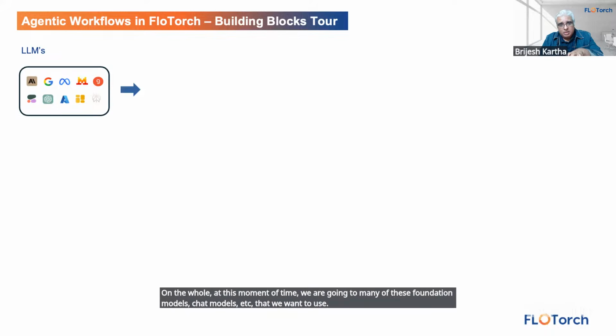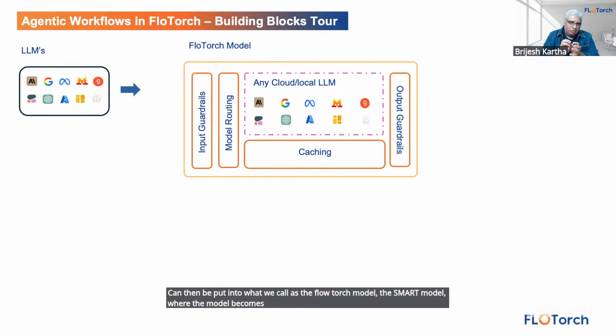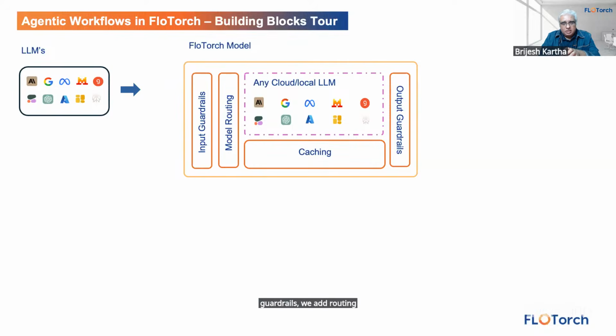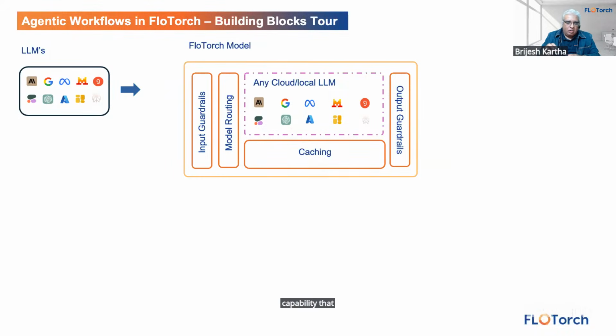In the first webinar, we learned how those models can then be put into what we call the FloTorch model, the smart model, where the model becomes the heart of the FloTorch model, but we add guardrails, we add routing, we add caching. So this gives the FloTorch model a certain amount of smartness, a certain amount of capability that the individual model on its own would not be able to do.